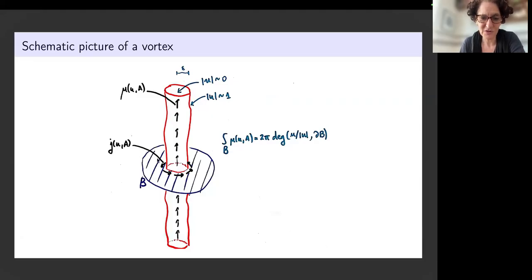The supercurrent J is turning around when there is a degree. And the vorticity mu is precisely carried by the vortex tube in a direction. So it's a current, in fact. It has the direction of the vortex.